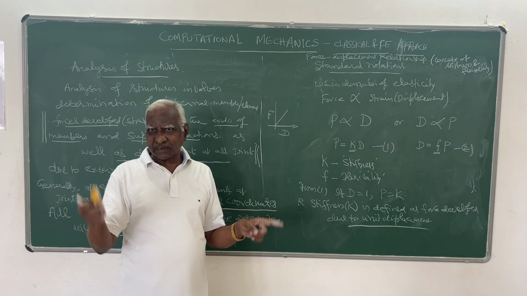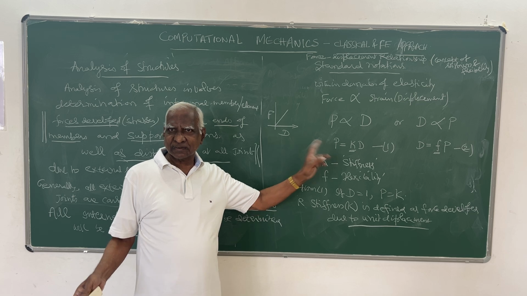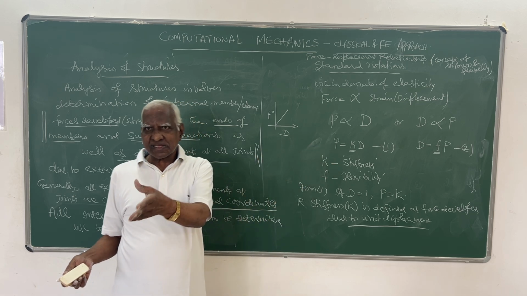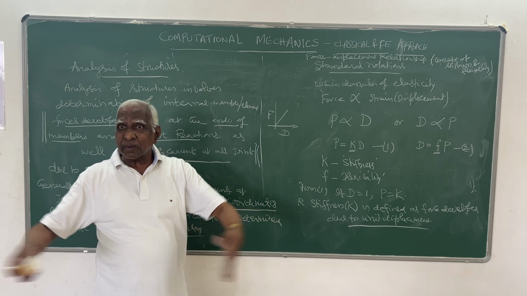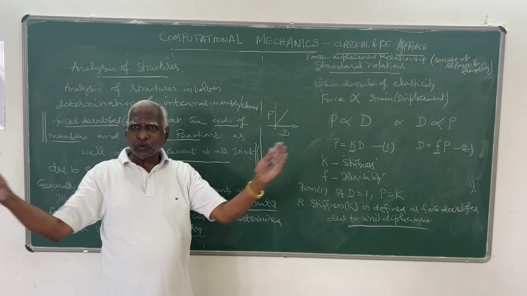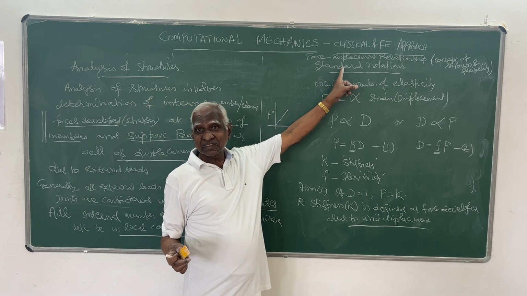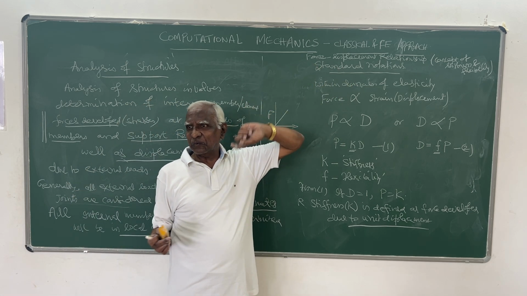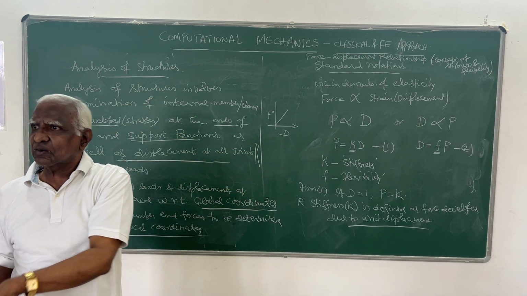See, vector P should be stiffness matrix K into displacement vector D. Because a matrix after all is nothing but a group of elements. When you have a number of quantities, you have to group all of them in matrix notation. Standard notation being used. One force proportional to one displacement.